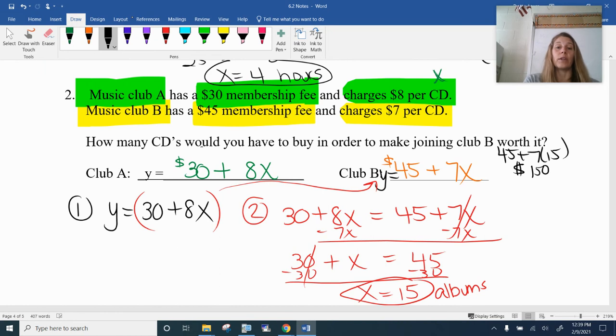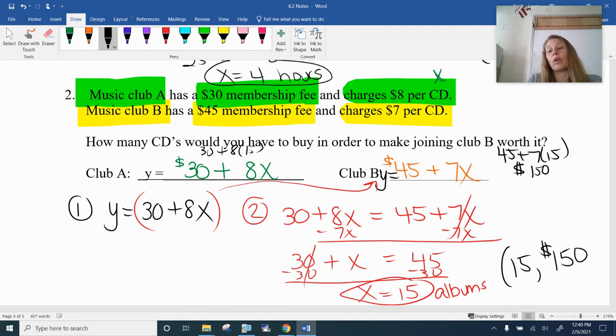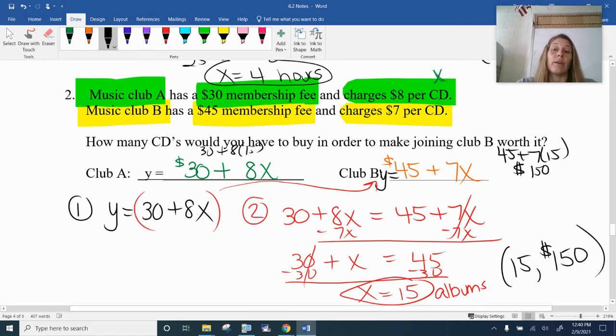And same thing over here. If I did 30 plus 8 times 15, 8 times 15 is 120, plus 30, we get 150. So that means if you get 15 albums, both clubs would cost you 150 if that's for the year.